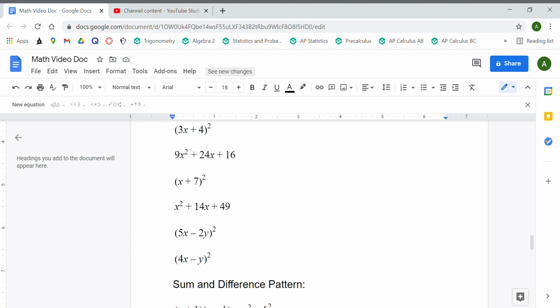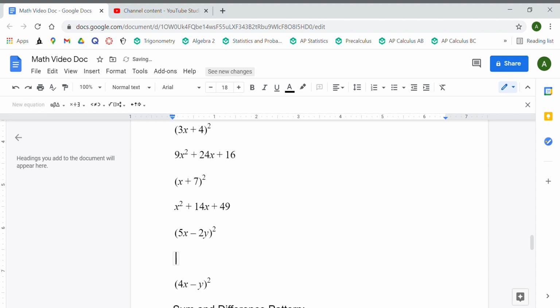Okay, so now let's try this one out. It's 5x minus 2y squared. Same thing, we take the square of the first term, it's going to be 25x squared. The product of the two terms is 5x times negative 2y.